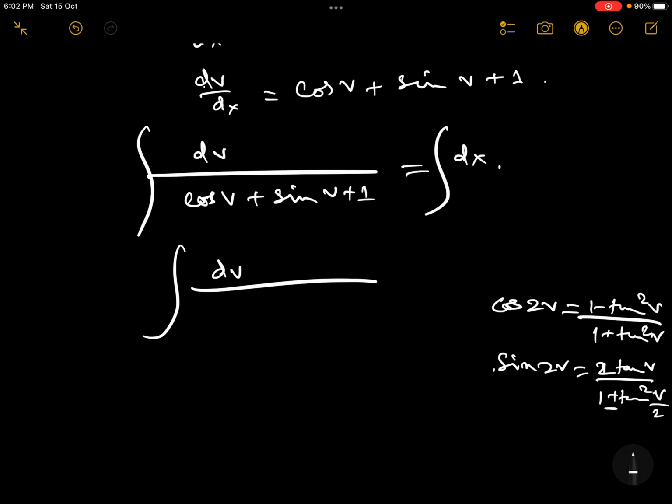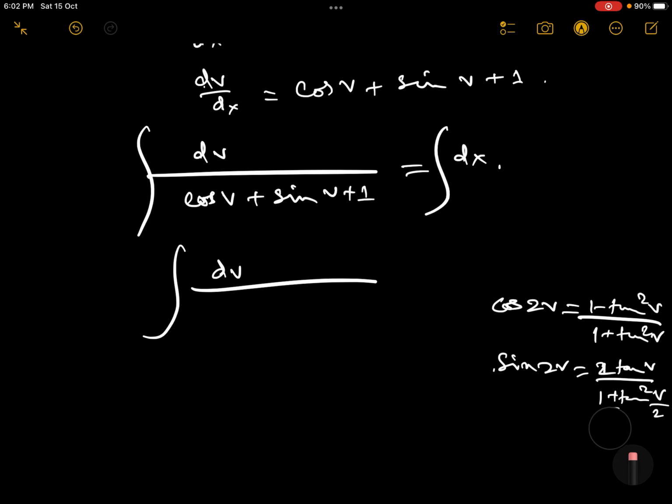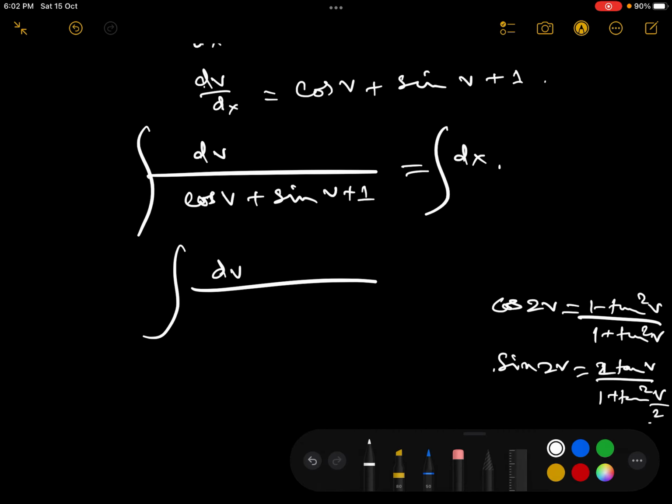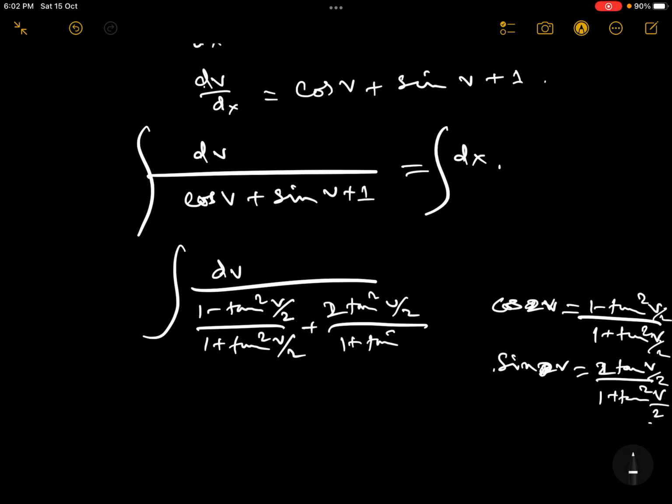Because if there is a minus here, this will be tan of twice v, but in our case it is plus, so this is the formula for sine of twice v. But what we have is v only, so this will appear as v by 2. So this is 1 minus tan square v by 2 divided by 1 plus tan square v by 2, plus twice tan v by 2 divided by 1 plus tan square v by 2.